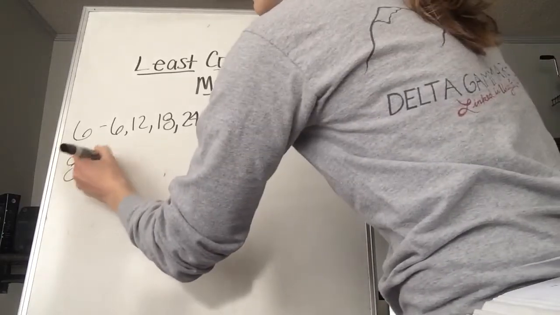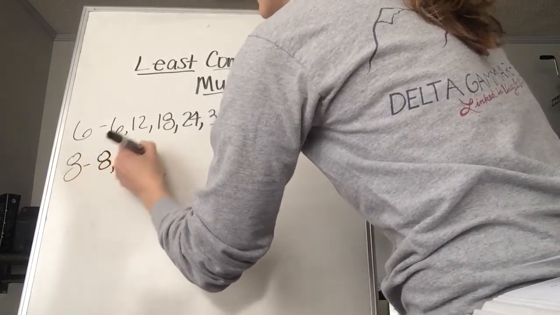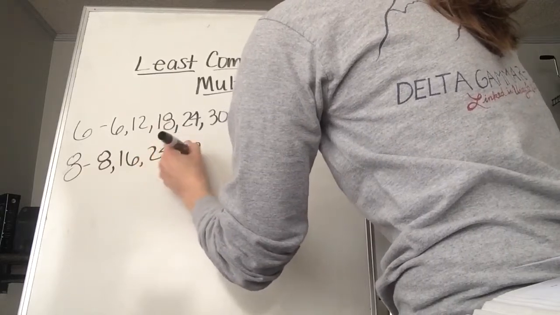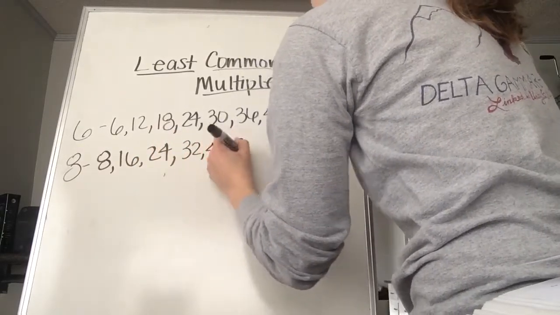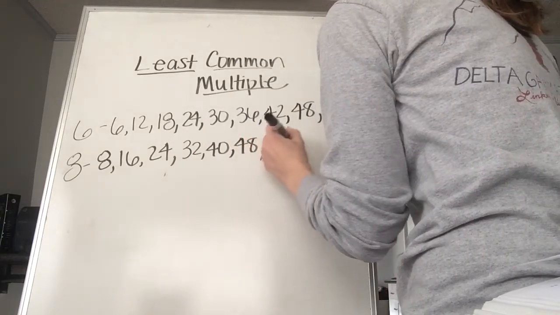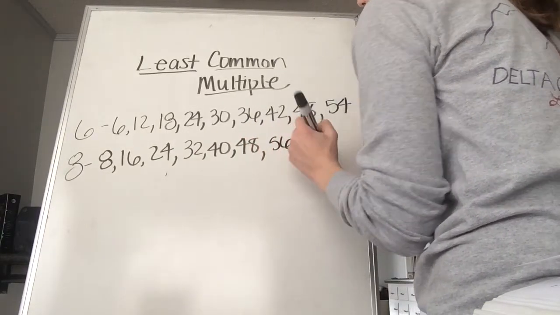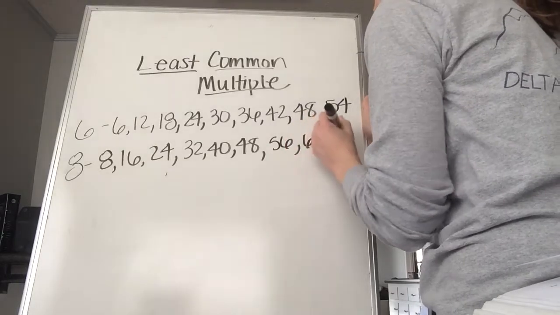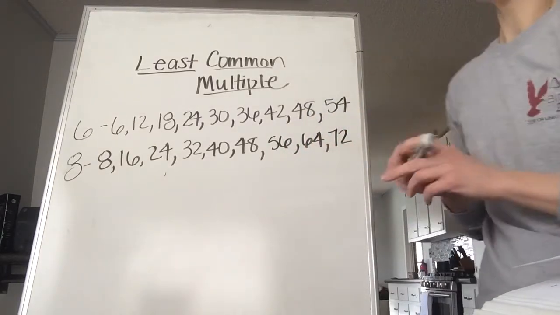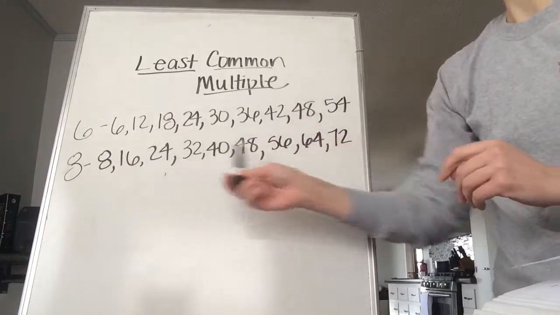Okay, so 8, 16, 24, 32, 40, 48, 56, 64, and 72. Okay, so these are the first 9. So here are the multiples of 6 and then the multiples of 8.